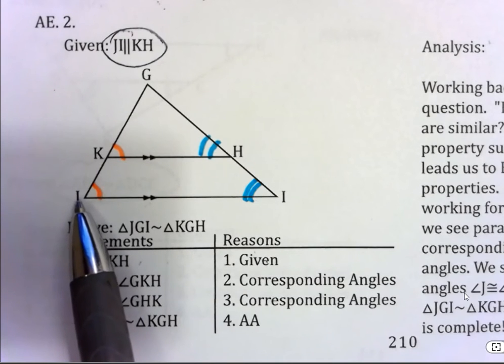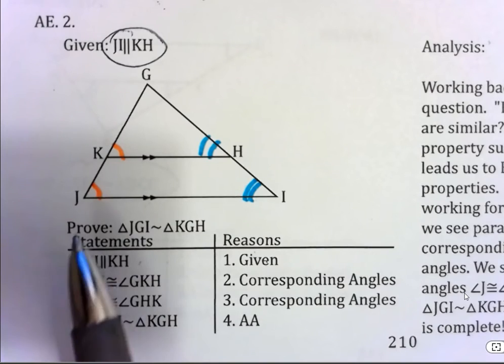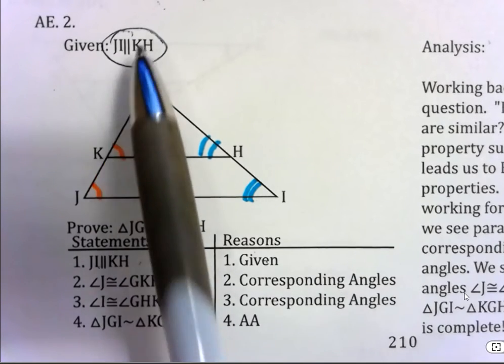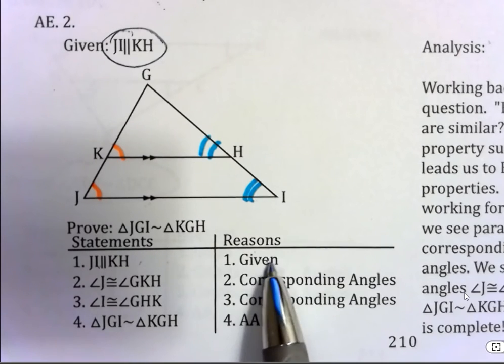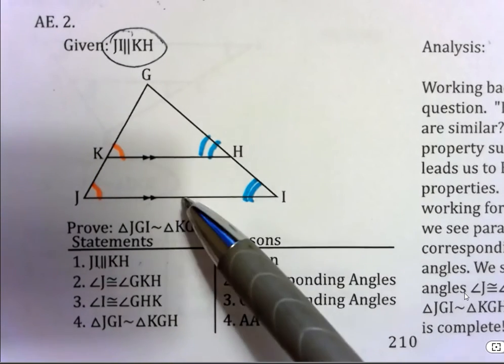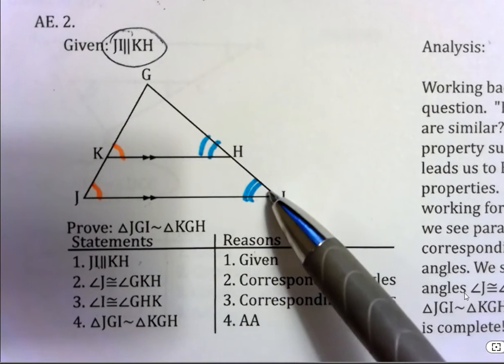is similar to KGH. The first thing you do is you write down your given information. So you are given that the lines are parallel, you write that down, and you know that they're parallel because it's given. From the given statement, you actually know that these angles are congruent. So we're going to write that down.